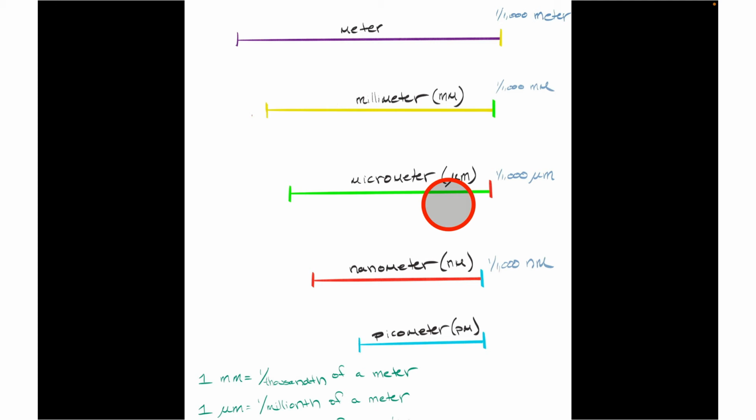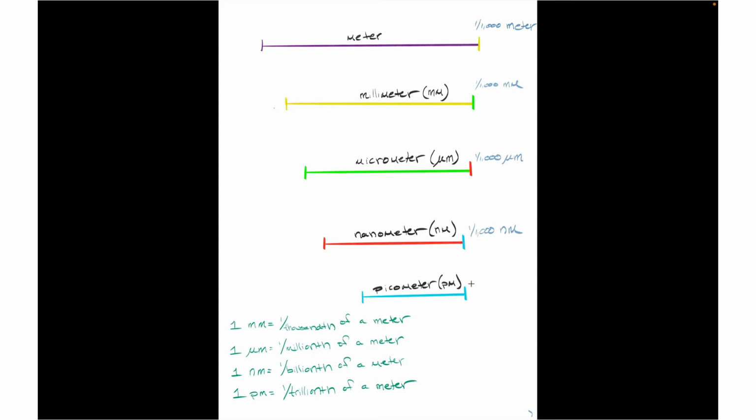So this is a micrometer. 1/1000th of a micrometer is a nanometer right here. So the point in all of this is that a nanometer is much, much smaller than a micrometer. 1 micrometer is equivalent to 1,000 nanometers.